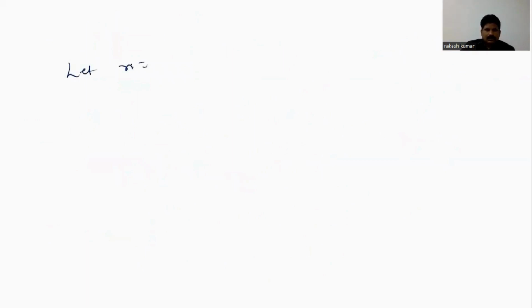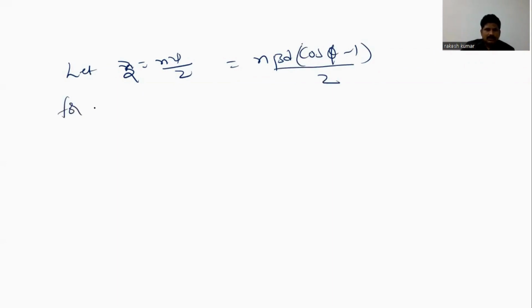Let us consider z is equal to n psi by 2, that is equal to n into beta d cos psi minus 1, by 2. Okay, so I'm changing the limits.